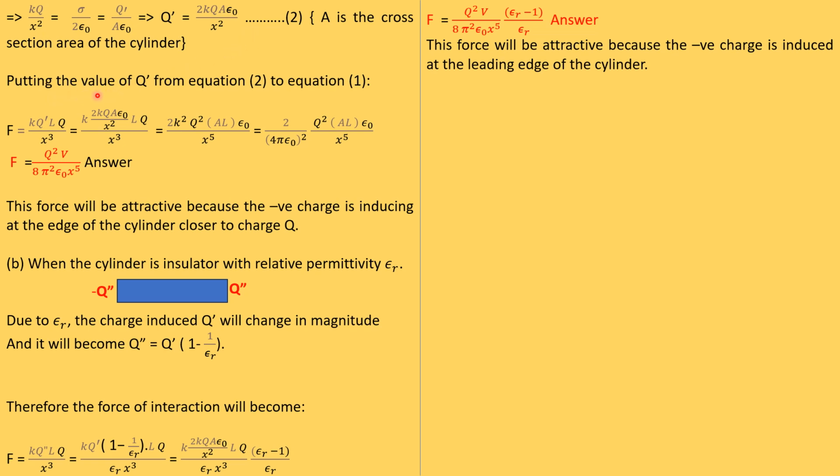So this is equation 2. Putting the value of q dash from equation 2 into equation 1 in the previous page, you will get the force as Q square V by 8 pi square epsilon naught x to the power 5. So this will be your first answer.